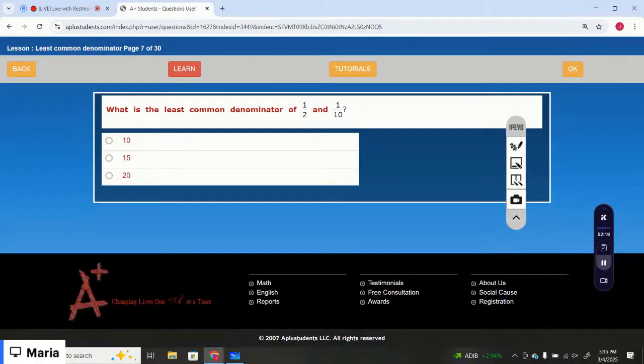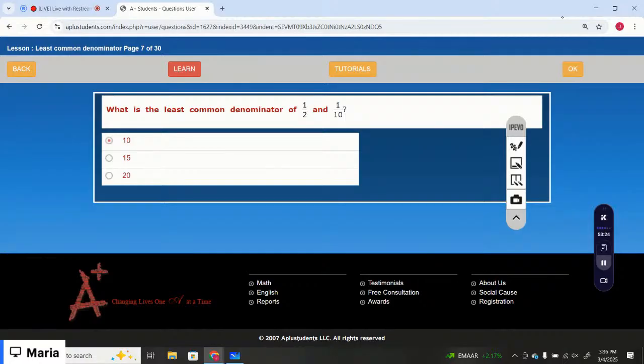What is the least common denominator of 1 by 2 and 1 by 10, which is the correct option? And it is very good.